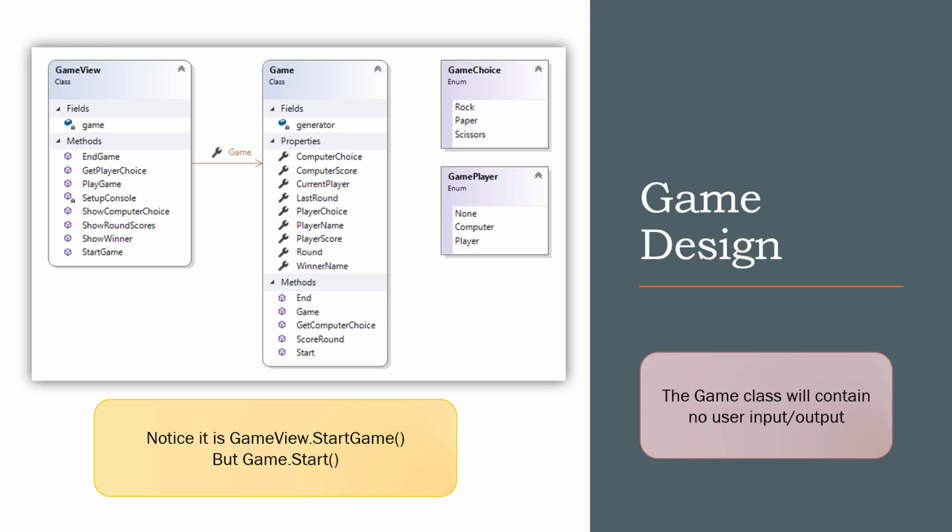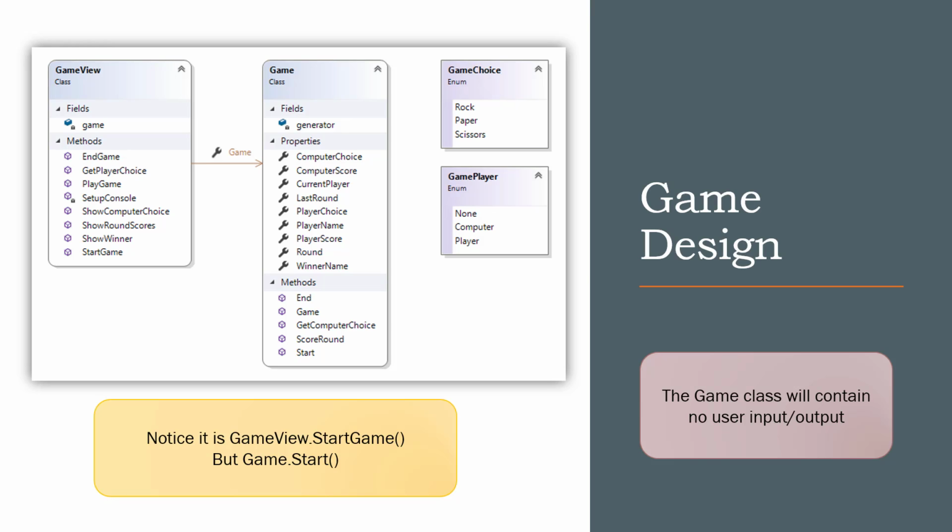Now, one of the key things about this whole design, which you must stick to, is the game class is the logical model of the game. It knows nothing about user input or user output. That's handled by the view solely. And the reason for that is APO 6 is going to be a second version of this rock, paper, scissor game.